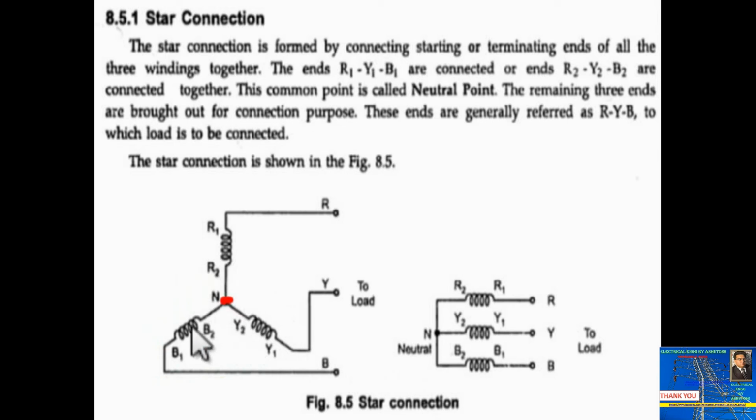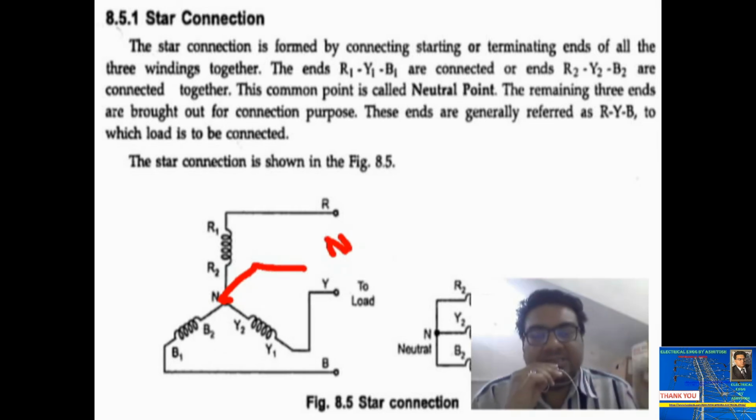These 3 points are meeting here. So this will be called the neutral point, which is the additional point called neutral. So this system is called a 3 phase 4 wire system.